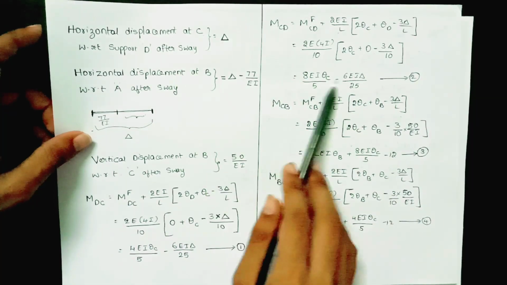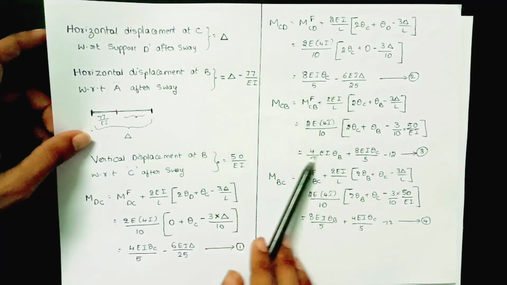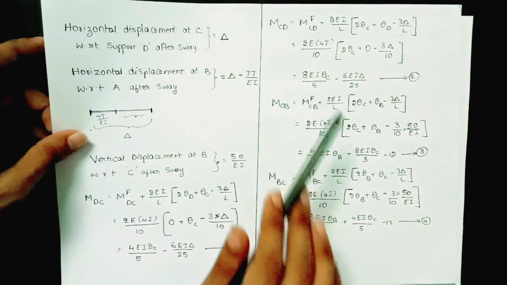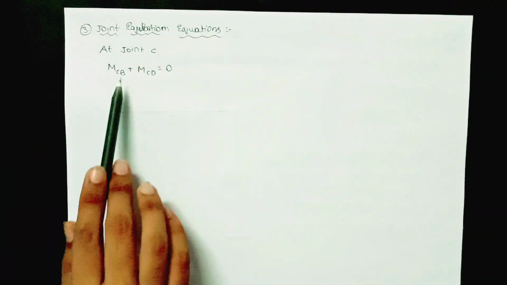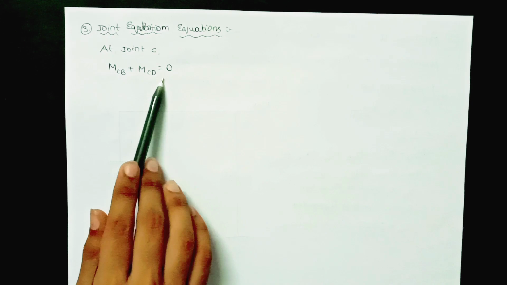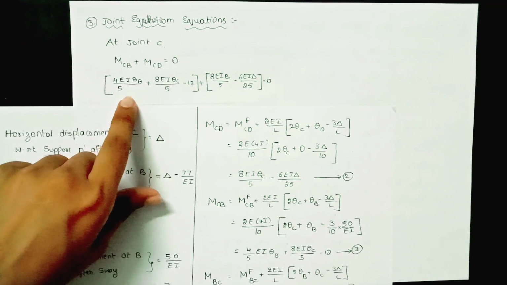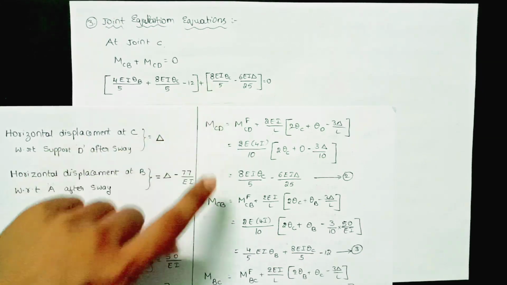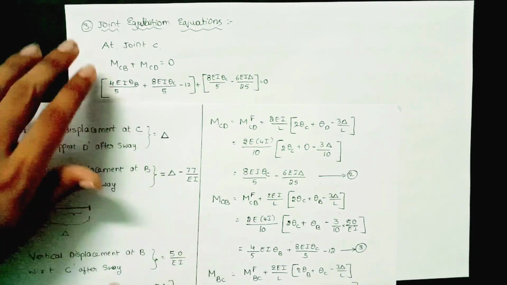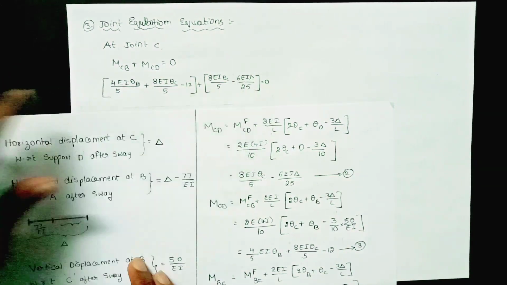We have to place these two equations, add them together, and finally equate it to 0. So I have placed both MCB and MCD equations from step 2, and finally equate it to 0.